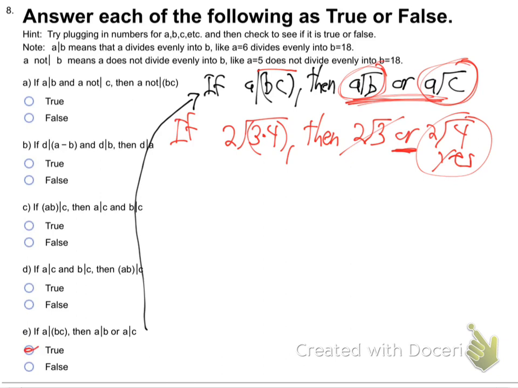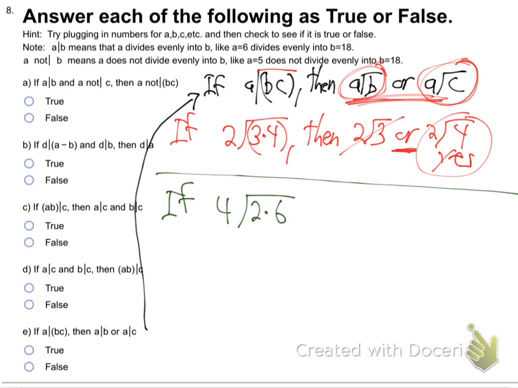Well, careful. This time it's true, but let me show you how it's not always true. What if I reverse it? Put a 4 out here and go, I don't know, 2 times 6. See, 4 goes into 12. That's true.